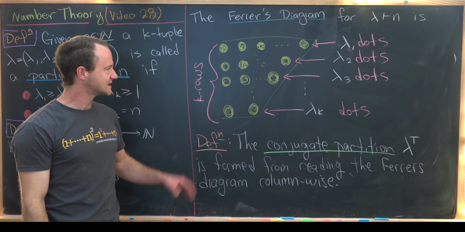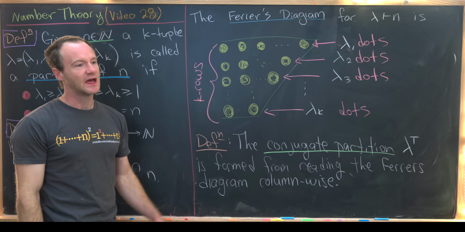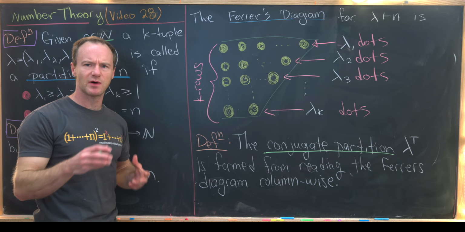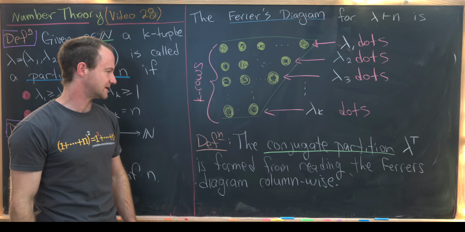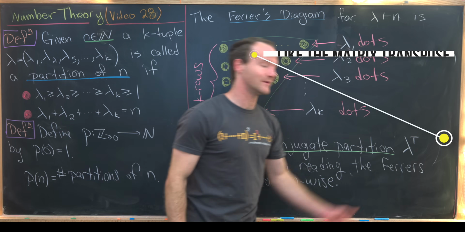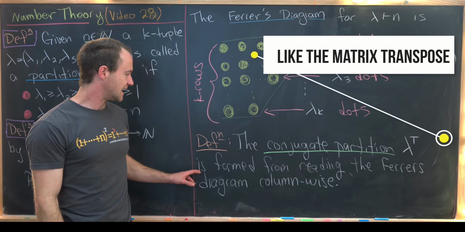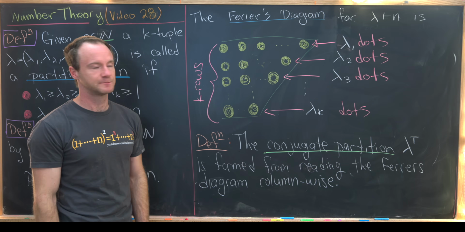Okay, now the next thing that we want to look at is the notion of a conjugate partition. And that's really built off of some of the graphical stuff in the Ferrers diagram and some symmetry. So the conjugate partition, which we call lambda transpose maybe, is formed from reading the Ferrers diagram column-wise.